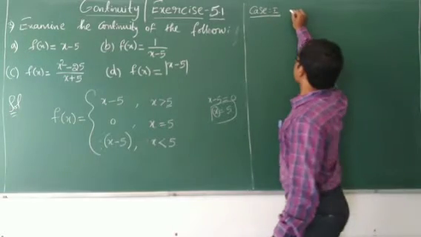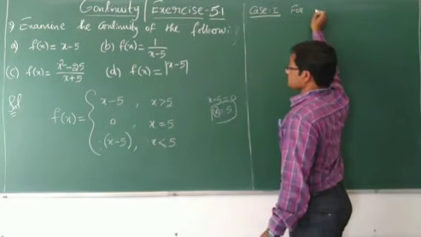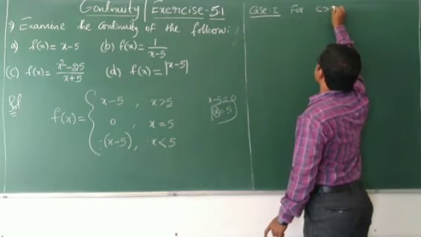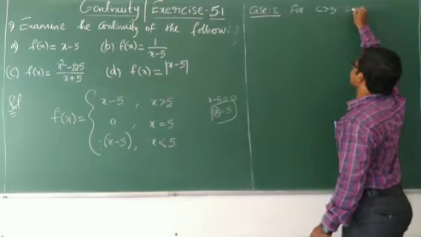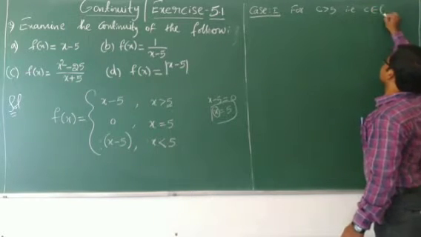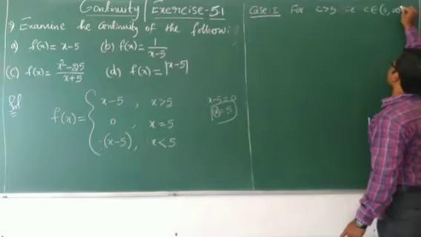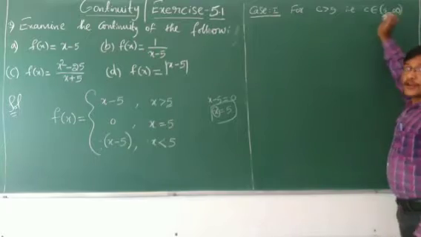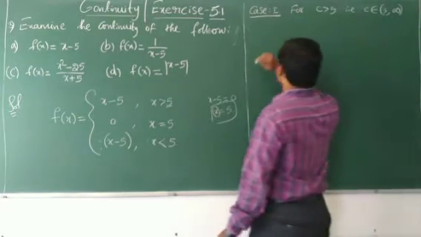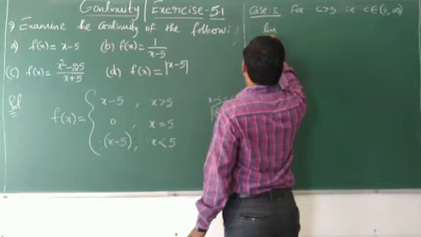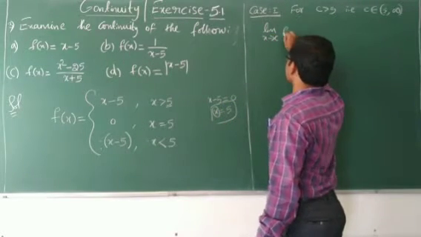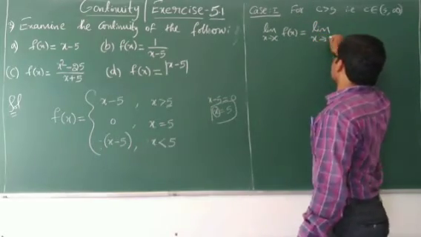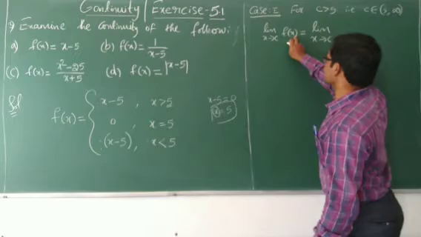Case 1, for x greater than 5. So I take c greater than 5, that is, c belongs to the interval 5 to infinity. I take a value in the interval 5 to infinity. So for this case, limit x approaches c of f of x is equal to limit x approaches c of, what is f of x?